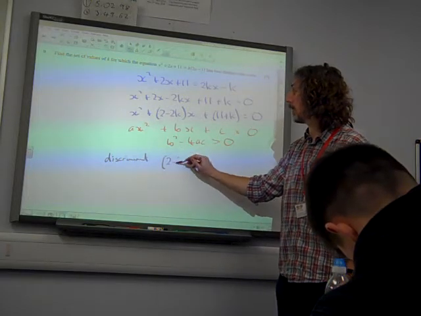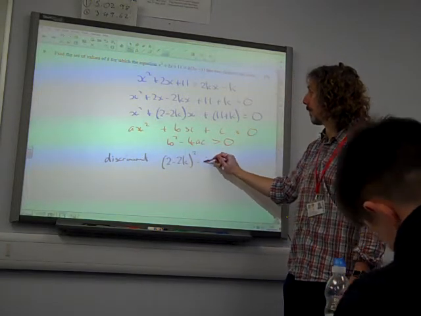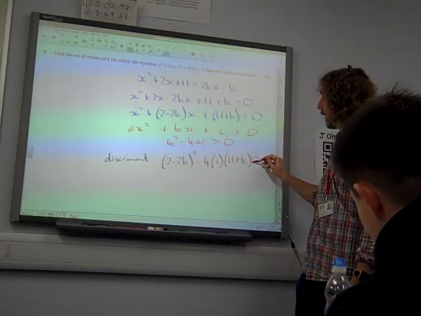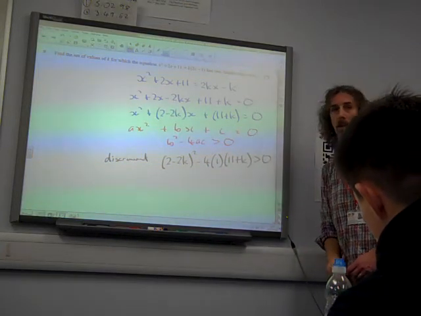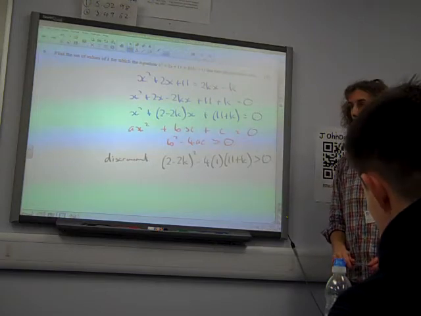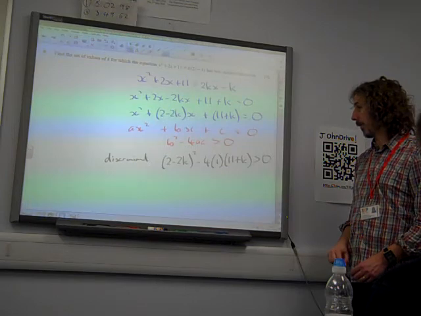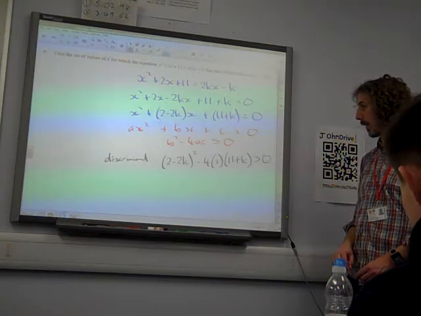That is (2 minus 2k) squared minus 4 times 1 times c should be greater than 0. What we're going to do, carefully deal with the brackets that we've got here.